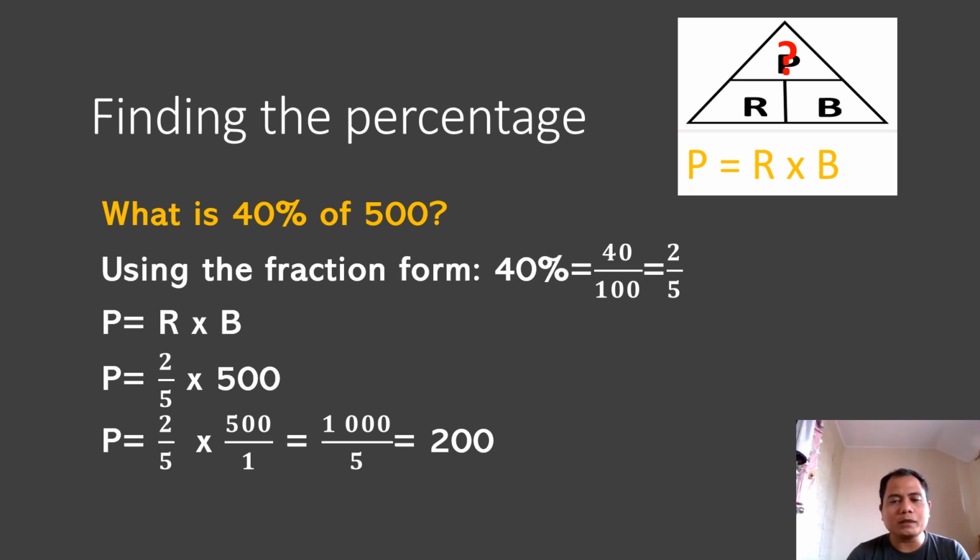We multiply numerator to numerator, which is 2 times 500, which is 1,000, and then 5 times 1, which is 5. And then finally, 1,000 divided by 5, which is 200. So we will get the same answer. Pero nasa inyo na yan kung mas madali para sa inyo yung decimal form or using the fraction form. Okay?